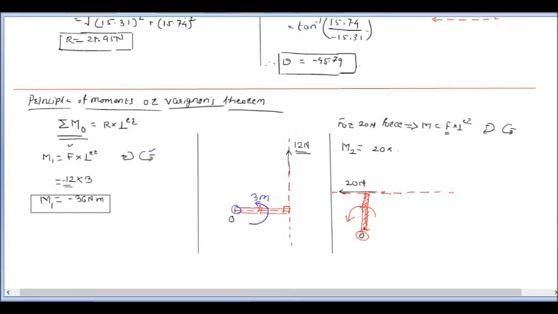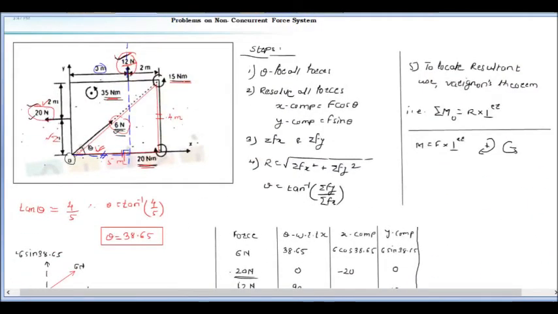Now this perpendicular distance we have to find from this diagram. So first of all check: this is the force of 20 Newton, its line of action will be here, and on this line of action this is the perpendicular distance that we have located, and that is 2 meter.